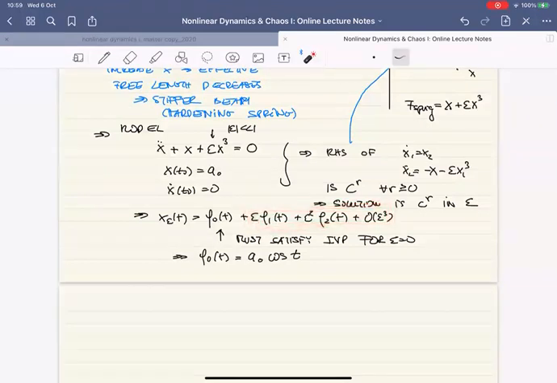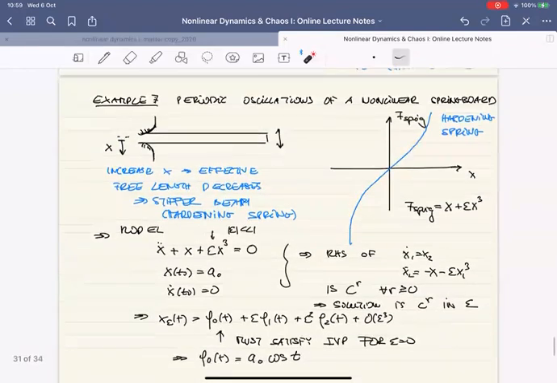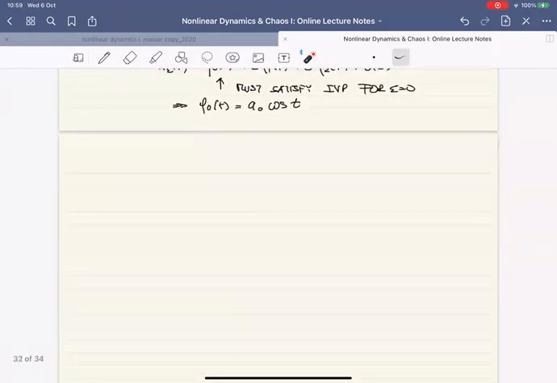But what are the ones that I'm really interested in? So a common feature of perturbation theory is that you have to have some idea about what you're looking for. Now, from the physics of the problem, this is a conservative system, it doesn't have any damping. So if I pull it down and it starts oscillating, I expect vibrations. There's no damping, they're not going to die out. So what I'm fishing for is periodic vibrations.